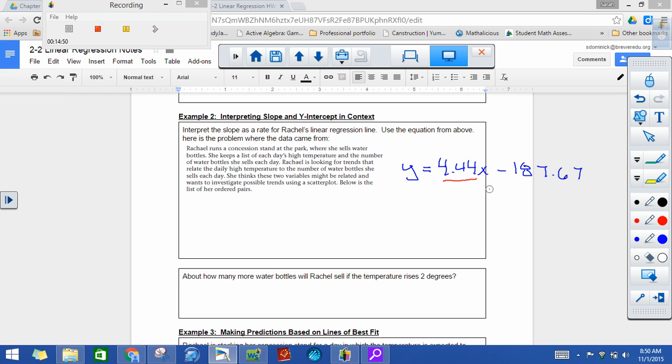I don't know if you remember, but when you're doing the slope, it's the change in the y value over the change in the x value. For this problem, when we looked at the data, the x was the temperatures that she recorded that day, and y was the number of bottles of water.